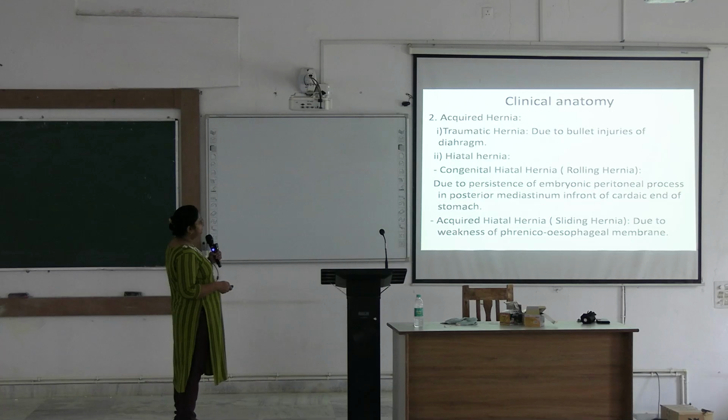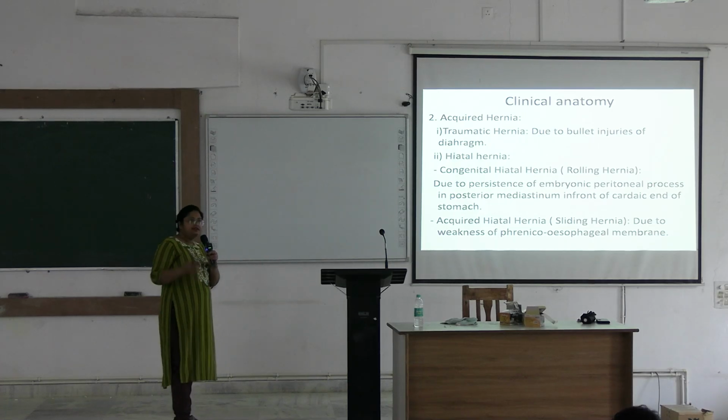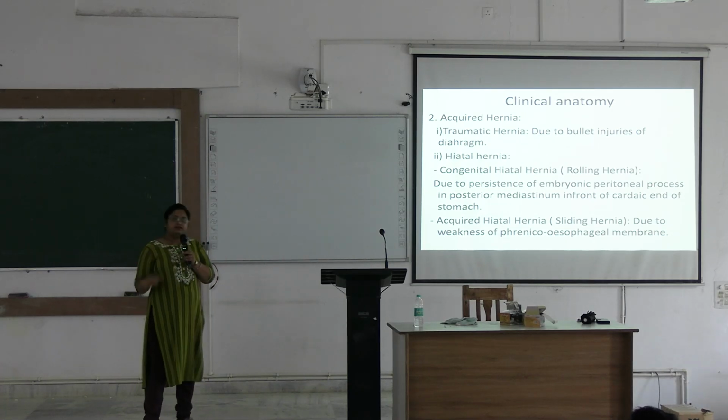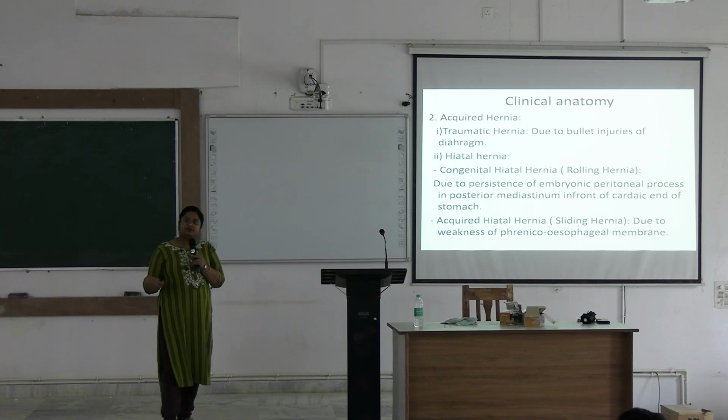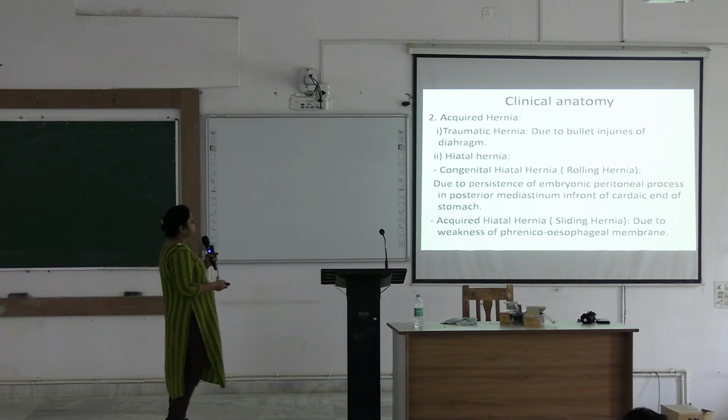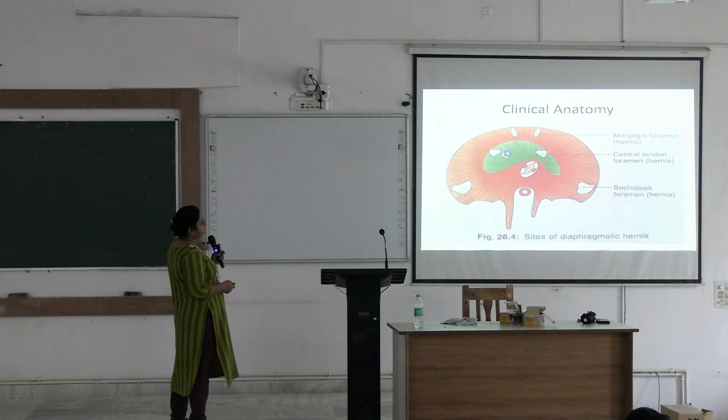In acquired hiatal hernia or sliding hernia, it occurs due to weakness of the phrenicoesophageal membrane, and here the gastroesophageal junction is pushed upward into the thorax. These are the sites of hernia.